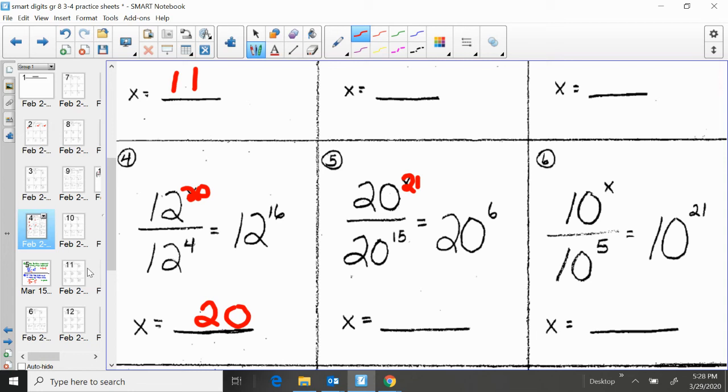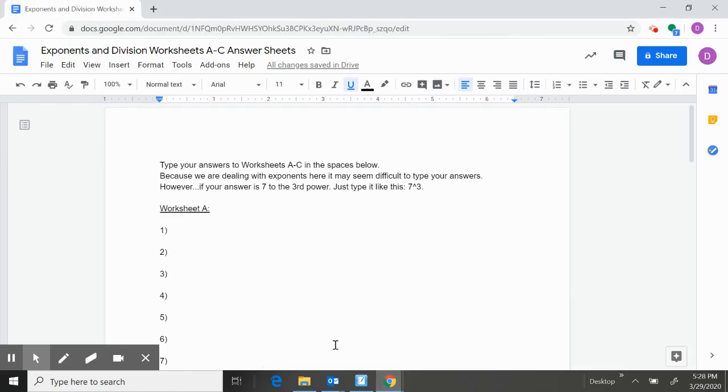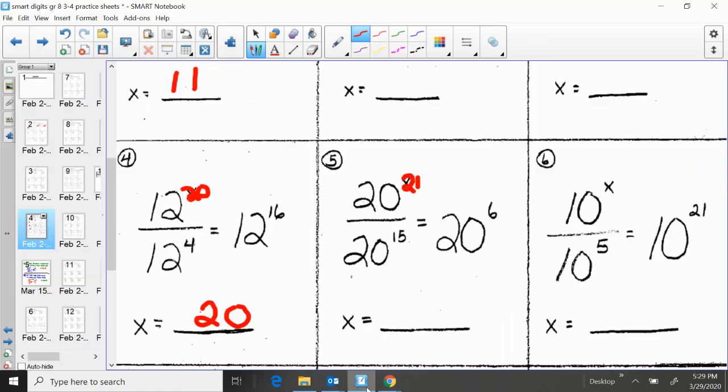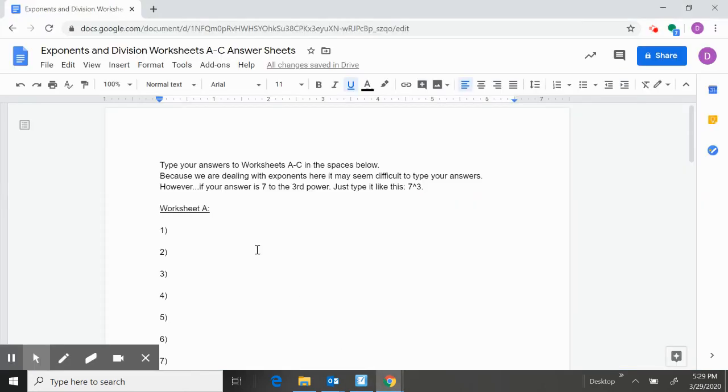Okay, so you're going to work on worksheets A, B, and C today. You will have an answer sheet attached, which looks like this. And what I want to show you is, it's going to be kind of hard here to type in, like if my answer was on this worksheet here, 7 to the third power. Well, that's kind of tough to type into a document.